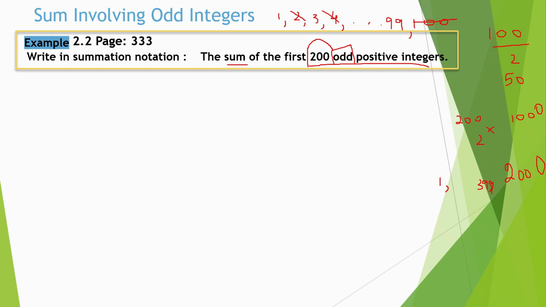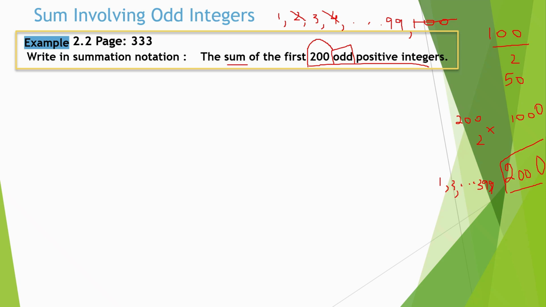Are you following, my girls? So we are considering the numbers from 1 till 399, which comprises 200 odd numbers. Is it clear? So we are having just 200 numbers, but the expression is 1 plus 3 plus etc. up to 399. Let's come back to the sigma concept.